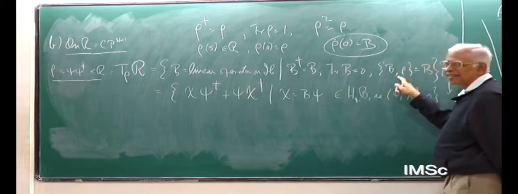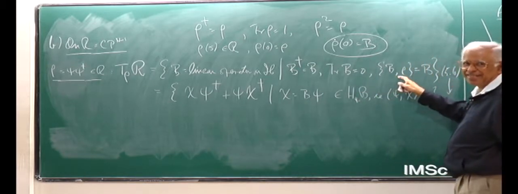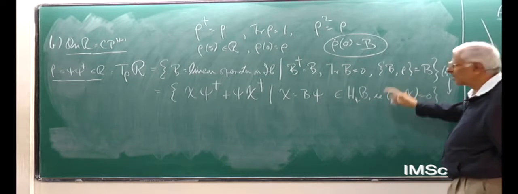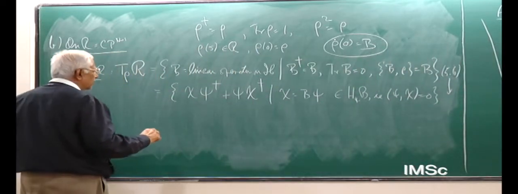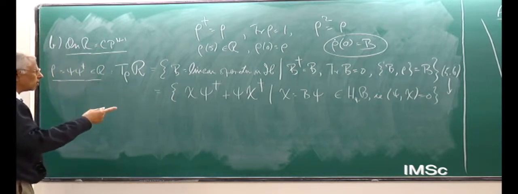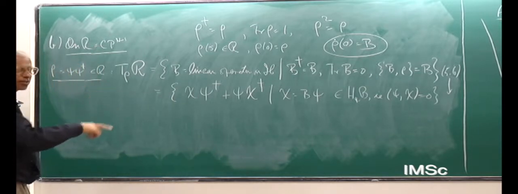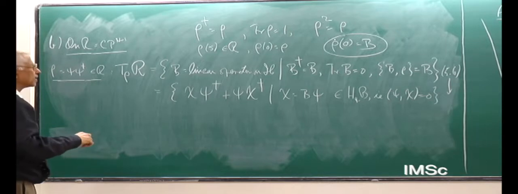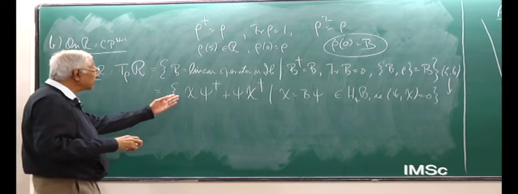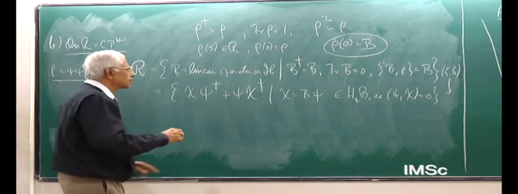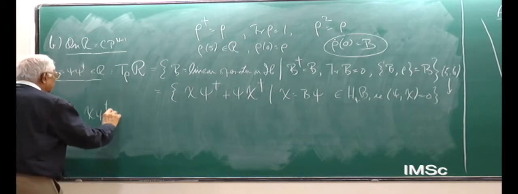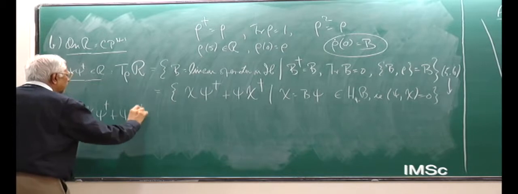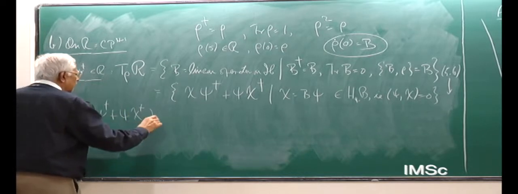What about this one? Let us just see. It's very, very interesting. We want to calculate the anti-commutator of B with rho, right? Now, I say that B is equal to this. So let us calculate chi psi adjoint plus psi chi adjoint, times rho.